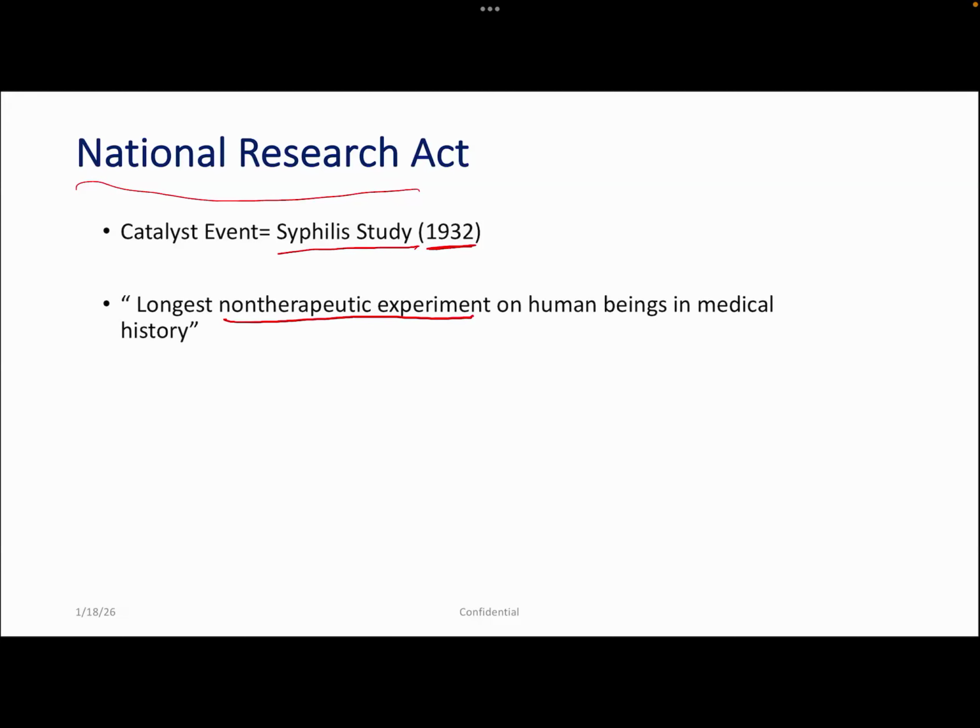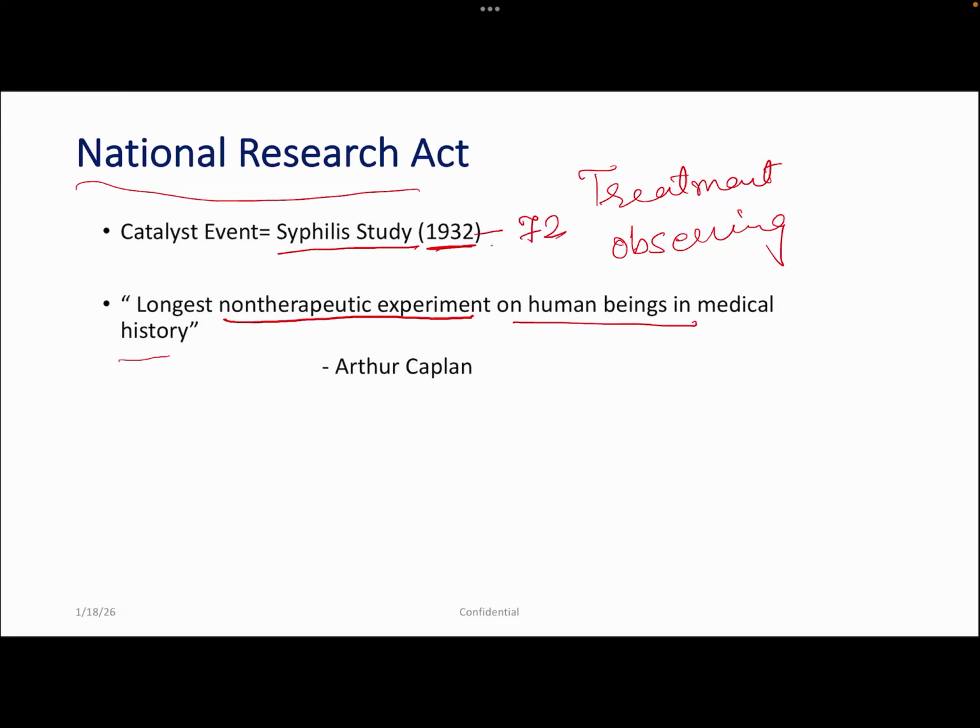Non-therapeutic experimentation is when they are not giving any treatment, you are just observing human beings in a medical history. So this started in 1932 and went till 1972, almost 40 years.